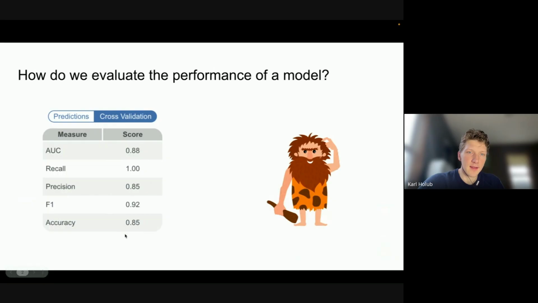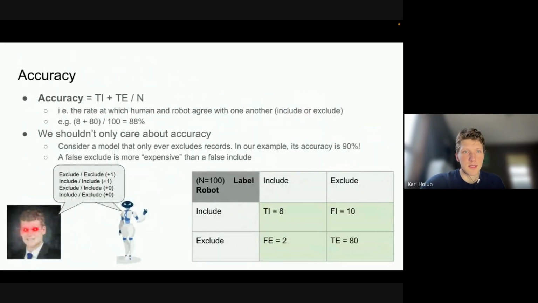The reality is that these four are just ratios, so they could be the same thing as percentages. You can see that in accuracy: I'm saying 88% here, but that is the same as 0.88. When making this more human friendly, we might think about making that a percentage instead of a decimal.